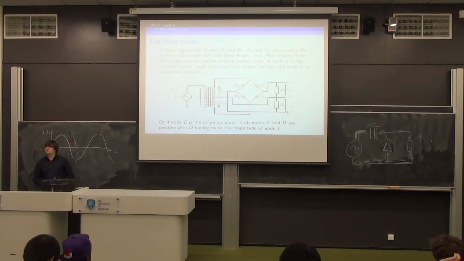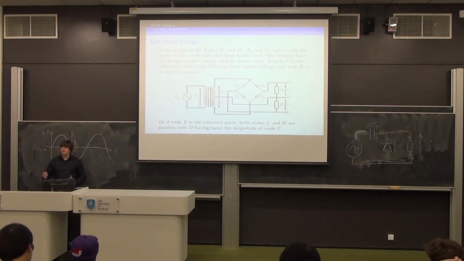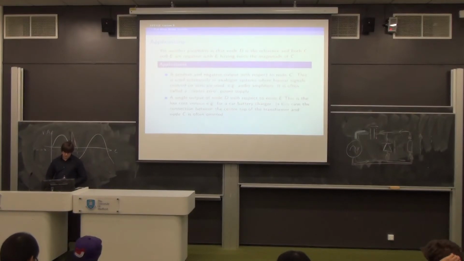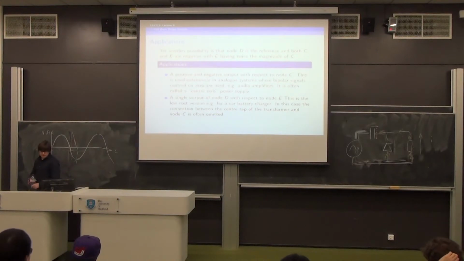In a real situation, we'd often put the earth from the mains onto whichever one we wanted to call our reference, and all the others would just align themselves accordingly. So you could put the earth on C and use D as plus and E as minus, or you could put the earth on E and use C and D as both positive, where E to C is plus a certain amount and E to D is twice that. So we can arrange our references however we choose.